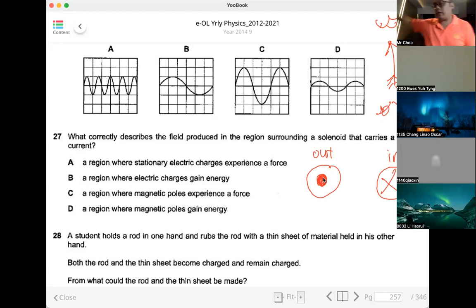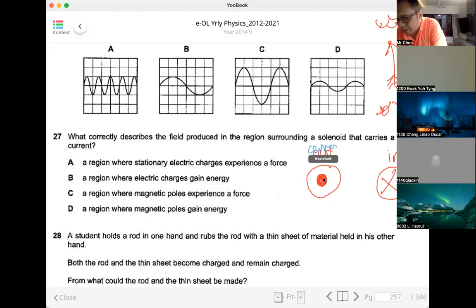So can you just all take out your right hand? Okay, you point your thumb out of the page. Your fingers will be the magnetic field. Okay, this is the same right hand rule. So if I point my thumb out of the page, this is my current, my current is going out.